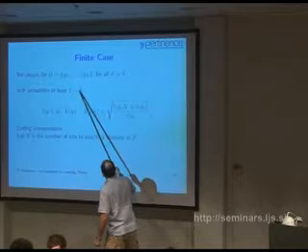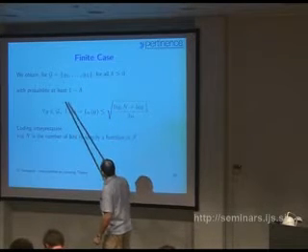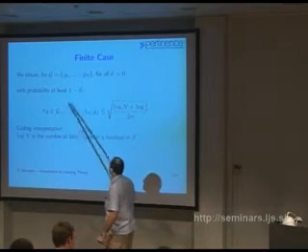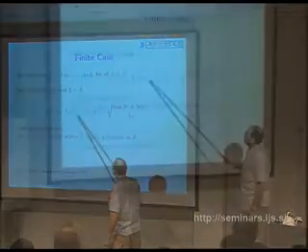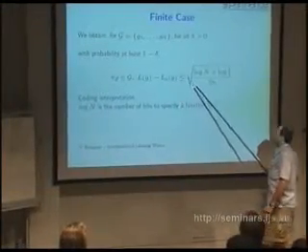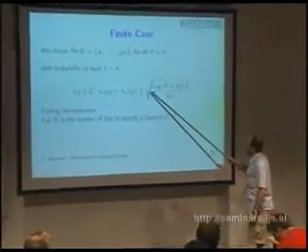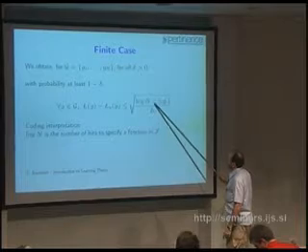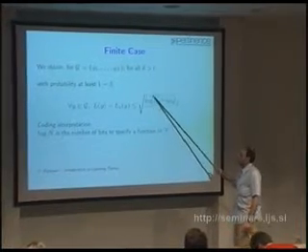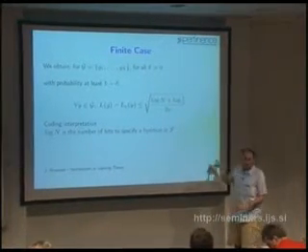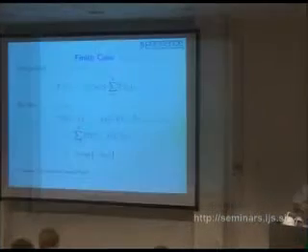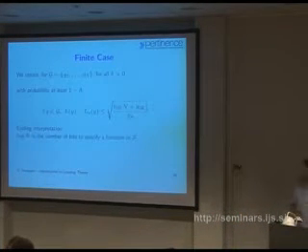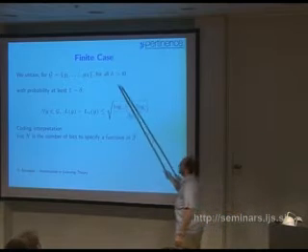If we fix the level delta, then simultaneously for all functions in this set, we can ensure with high probability that the difference between the true and empirical loss will be less than the same thing as before, square root of log 1 over delta over twice n, plus an additional factor which comes from taking the log of the previous inequality here. And that gives us the log of the cardinality of our class.